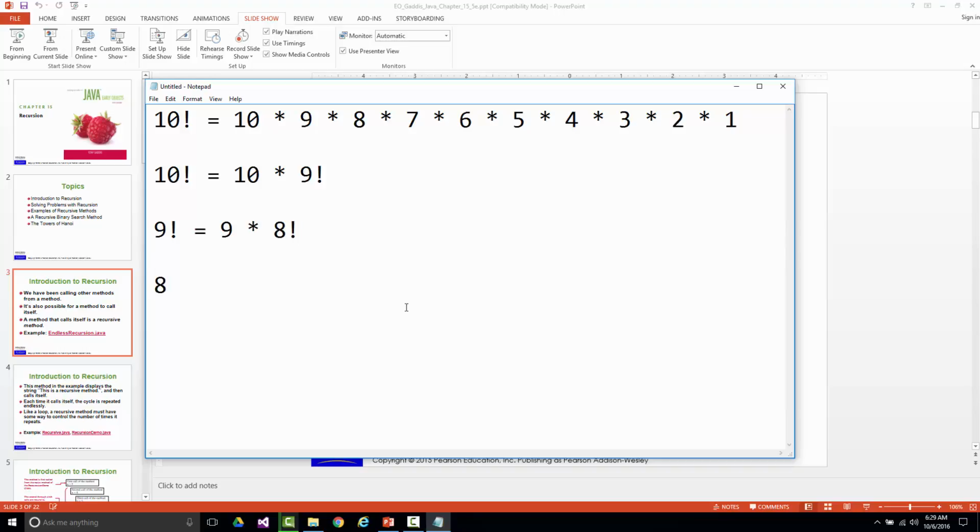And 8 factorial is equal to 8 times 7 factorial. You get the idea. And 1 factorial is actually equal to 1 times 0 factorial. And 0 factorial is just 1. So we don't put a 0 there.